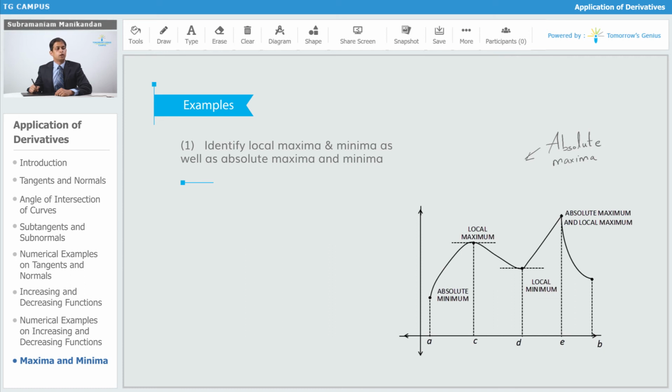So this interval that we've drawn to the left and right of c could be counted as a subinterval of the given function. Therefore, x equal to c becomes a local maxima. And similarly, x equal to d becomes a local minima.